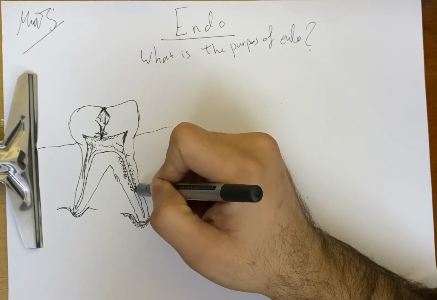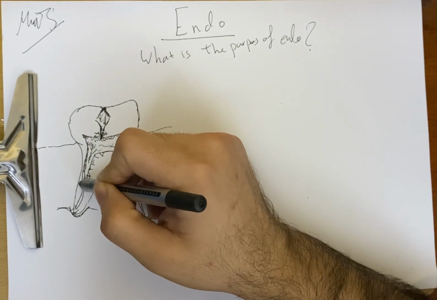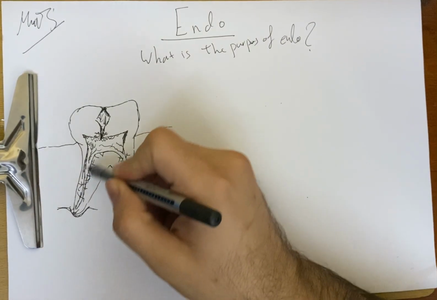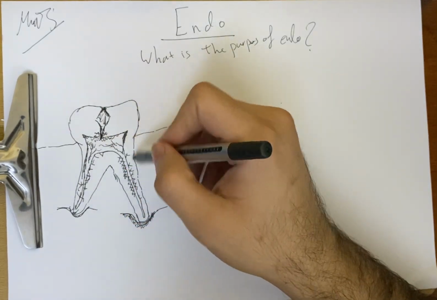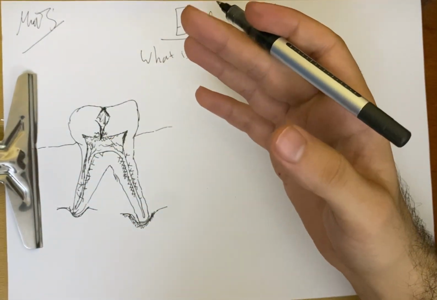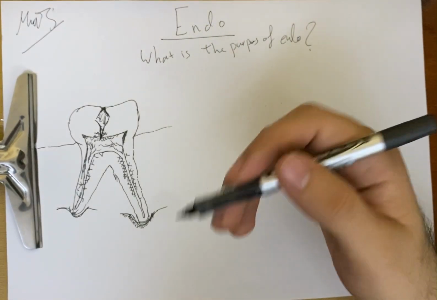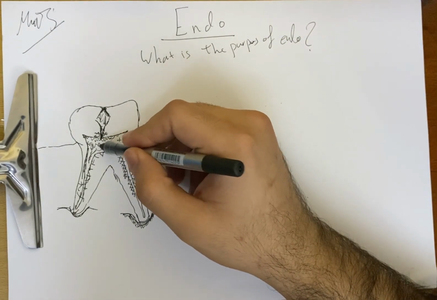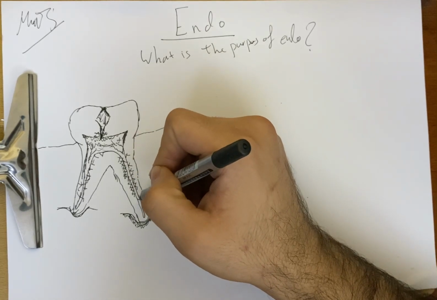The bacteria comes here, and this whole thing becomes what happened to the pulp in this stage, we call it necrosis. We call it necrosis, the pulp becomes necrotic, meaning it becomes a soup. Okay, a soup of bacteria.